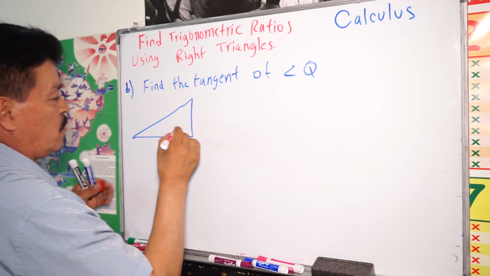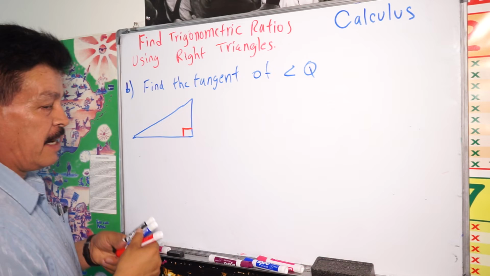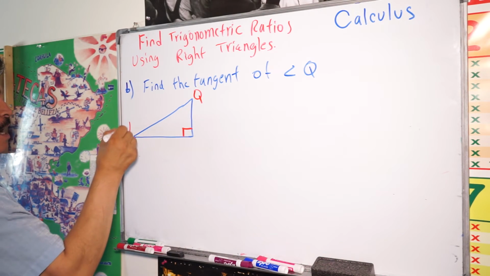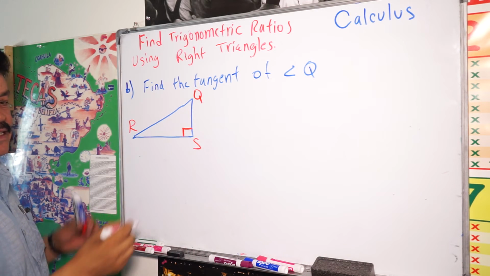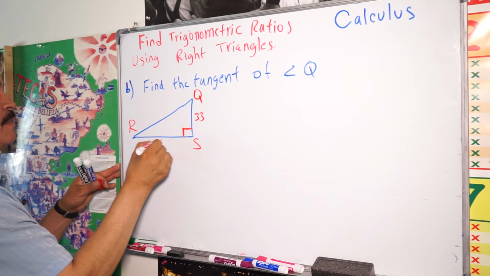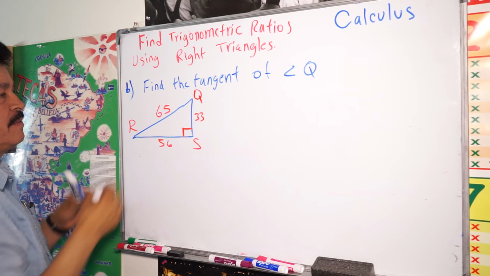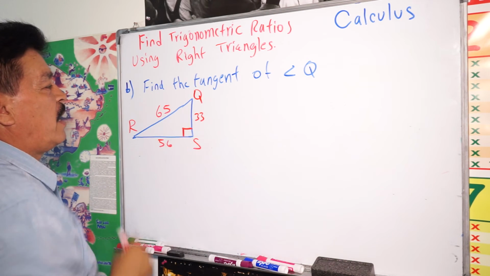This is a right angle here, and let me write the letters. This is going to be Q, here is R, and this one is S. The sides are 33, 56, and 65. Find the tangent of angle Q.